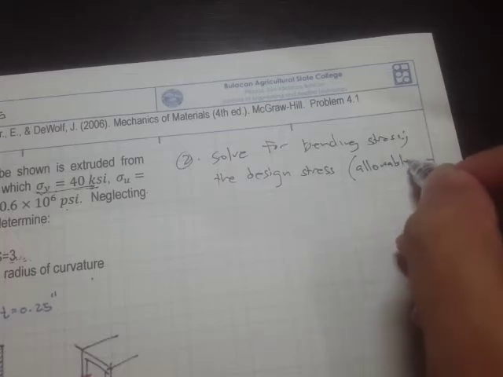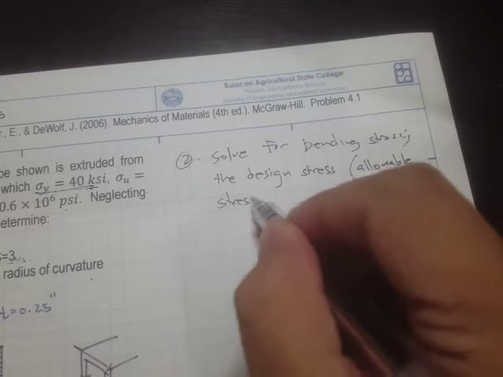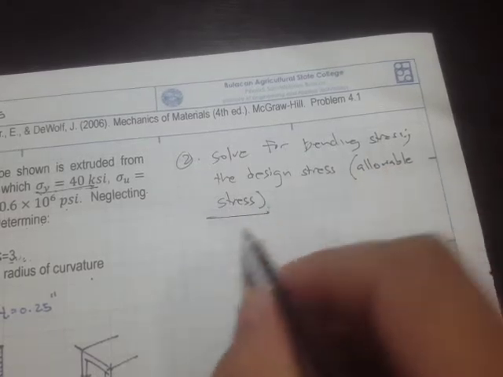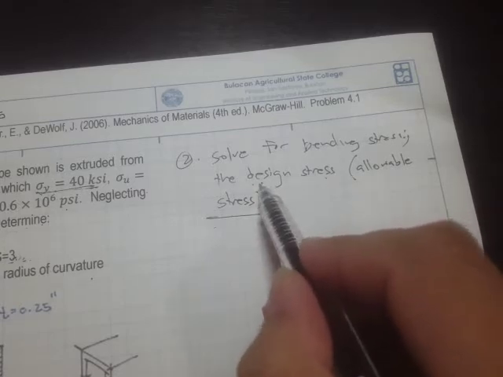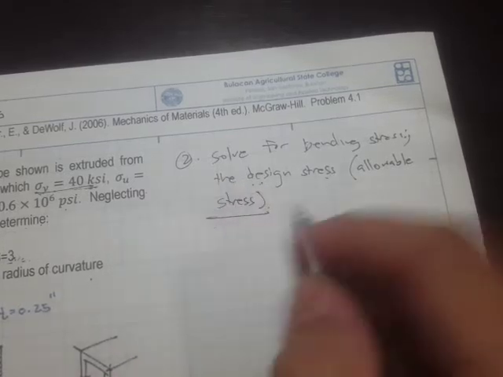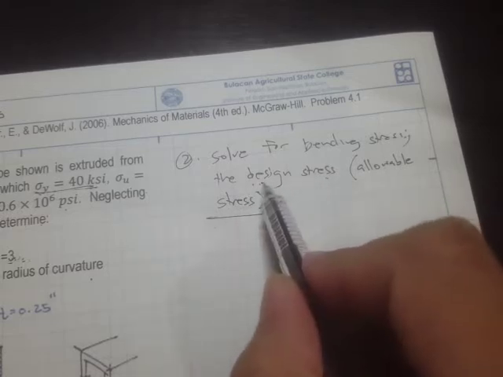That means that will be our range of stress, or the working stress. So just take note of the terms. It's called the design stress because that's what we are going to use in computing some parameters.